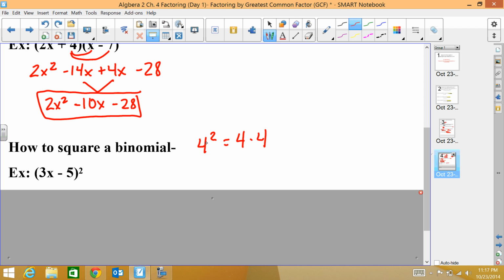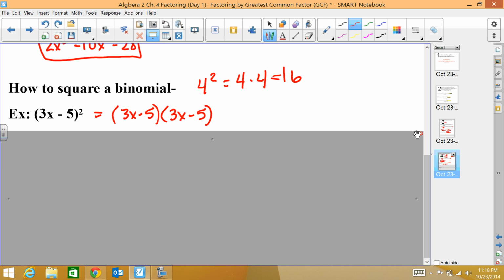So you're multiplying that however many times the exponent indicates. Okay, and then we get 16. So if I'm squaring a binomial, really I need to be rewriting this as 3x minus 5 times 3x minus 5. So then I'm just multiplying two binomials, just like I did before.